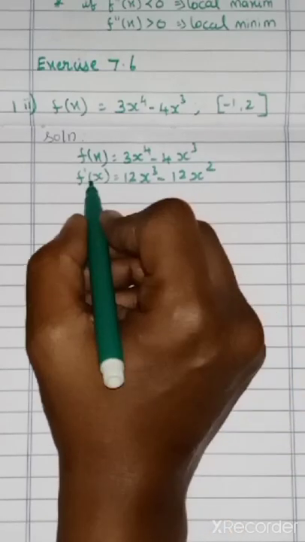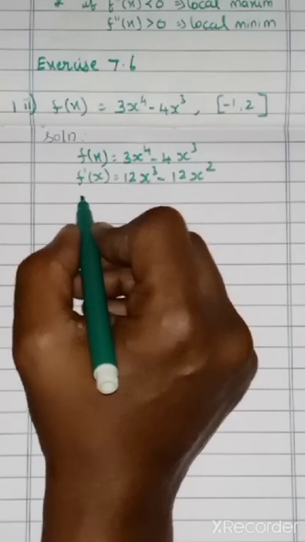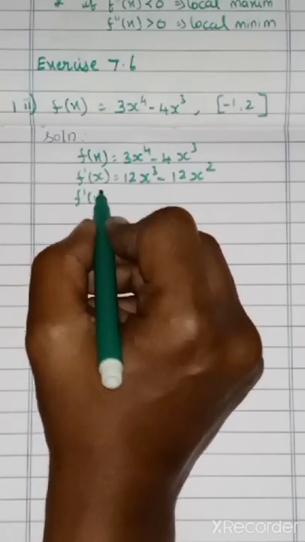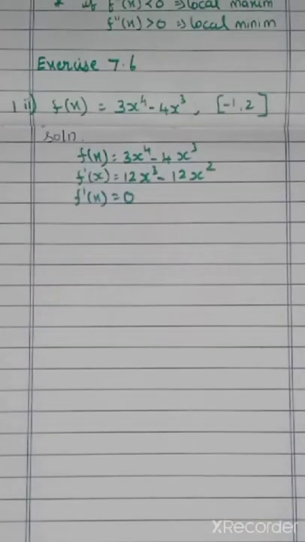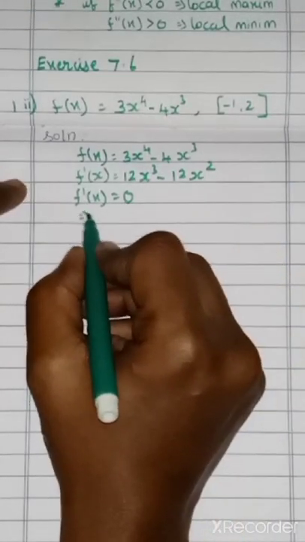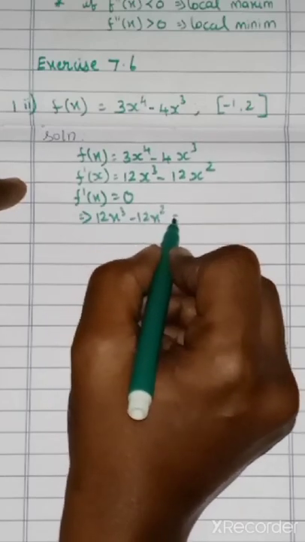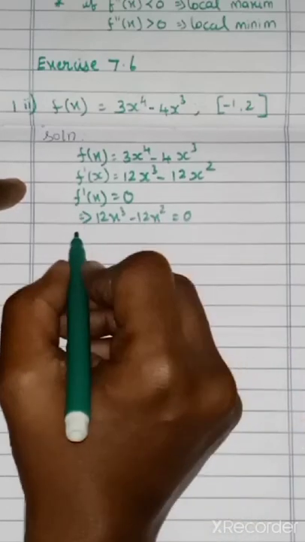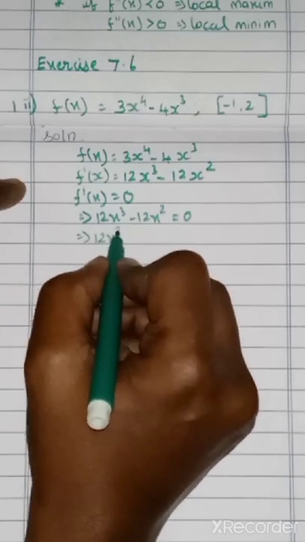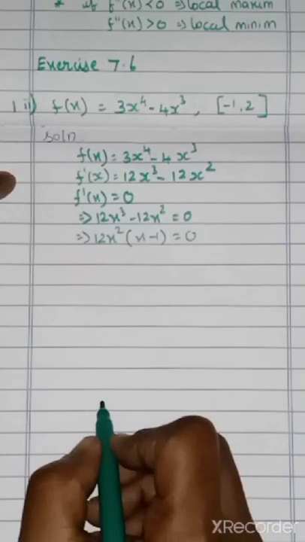Correct? Next, the third step, f dash of x equal to 0. That implies 12x cube minus 12x square equal to 0. Can we take 12x square as common? Taking it out, x minus 1 equal to 0.